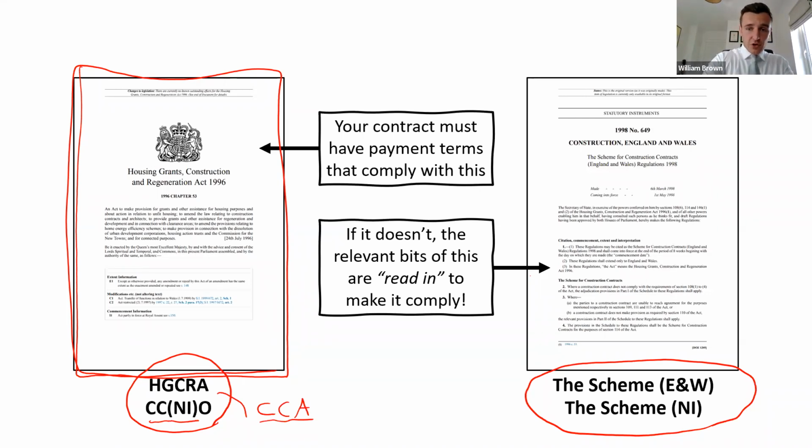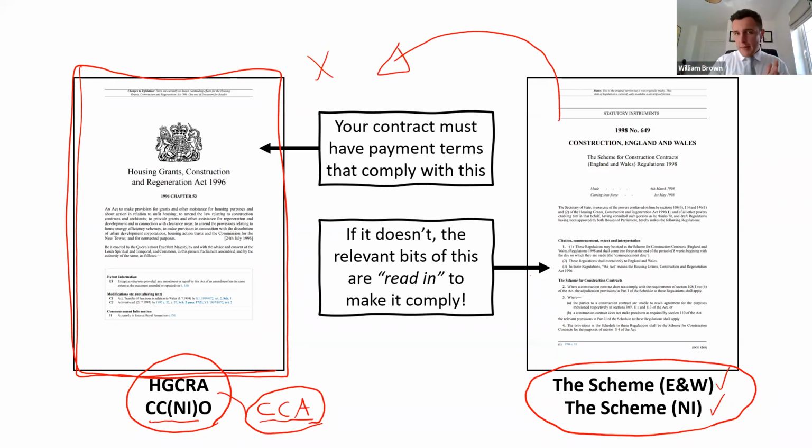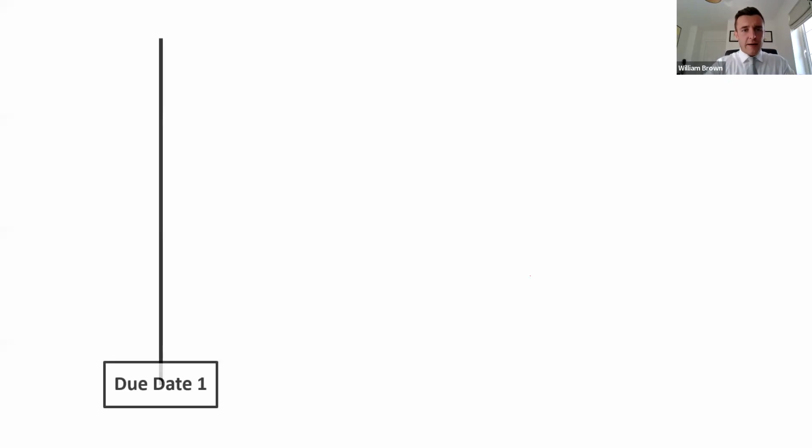There's a Northern Irish version, there's an English version, there's a Scottish version, and there is also an Irish version embedded as a schedule within the Construction Contracts Act. So if your contract fails to provide due dates, you bring in the relevant part of the scheme and it effectively updates your payment terms to make them compliant. And this is what it will ultimately look like if you're to plot it onto a diagram.